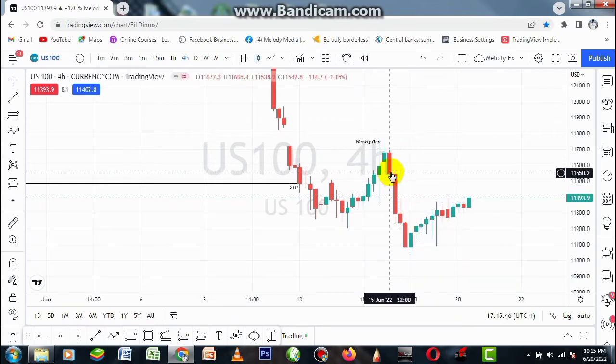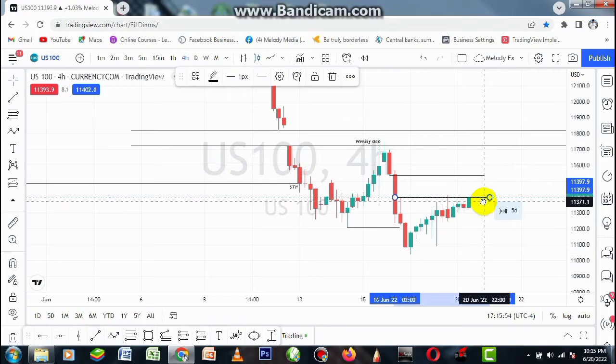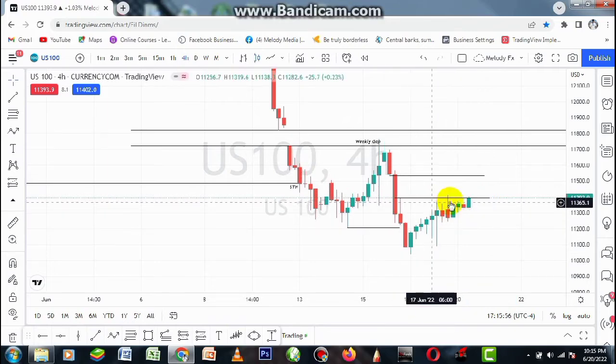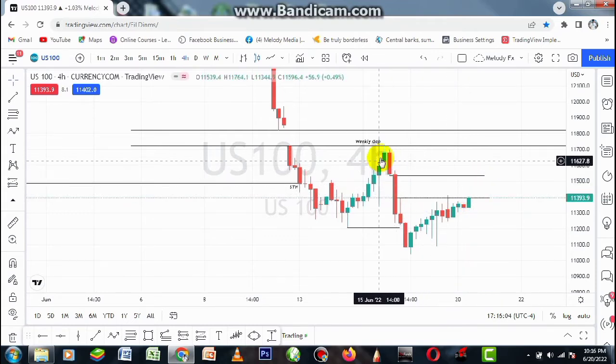We also have a higher fair value gap. So if price goes into these higher time frame institutional reference points, I'm going to go down to the 15-minute chart and try to look for a short. If it gives me a shorting opportunity, then I'm going to look for a short down to these levels.